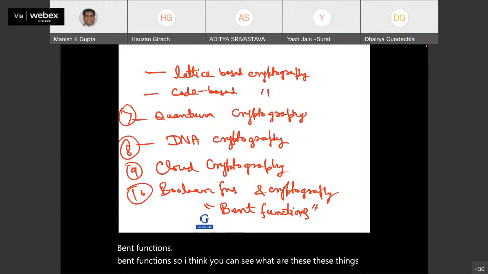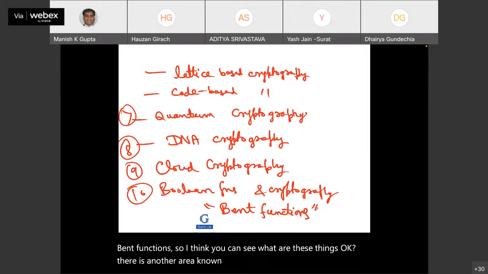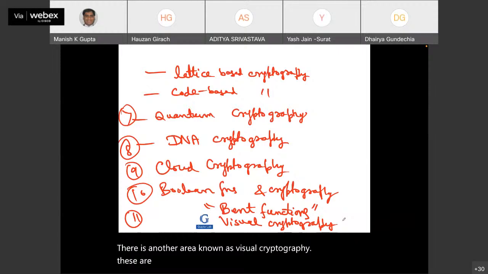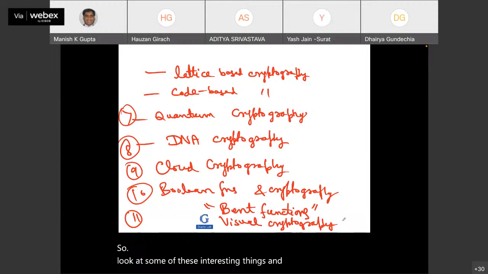Okay. There is another area known as visual cryptography. These are some general areas. Problems could be very specific in that domain. Okay. So look at some of these interesting things and let me know what you want to do.